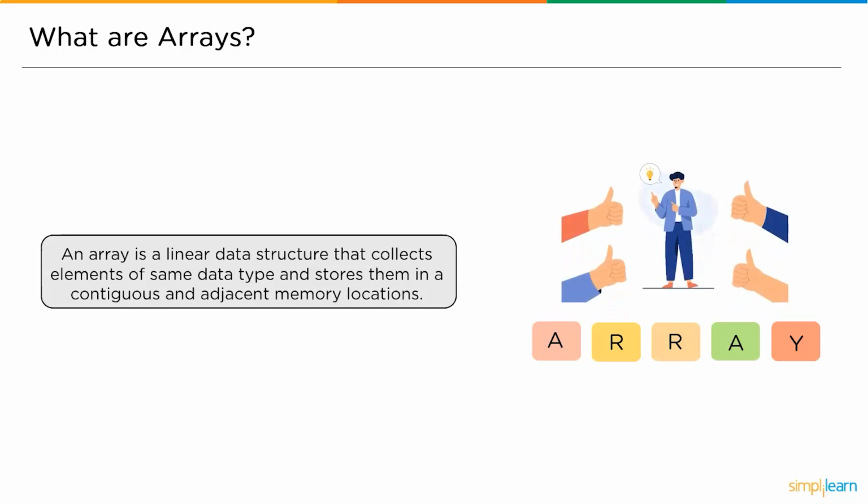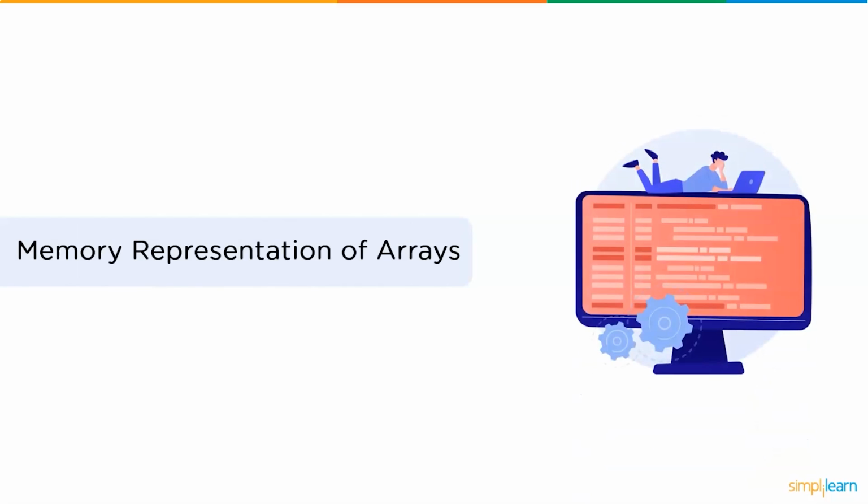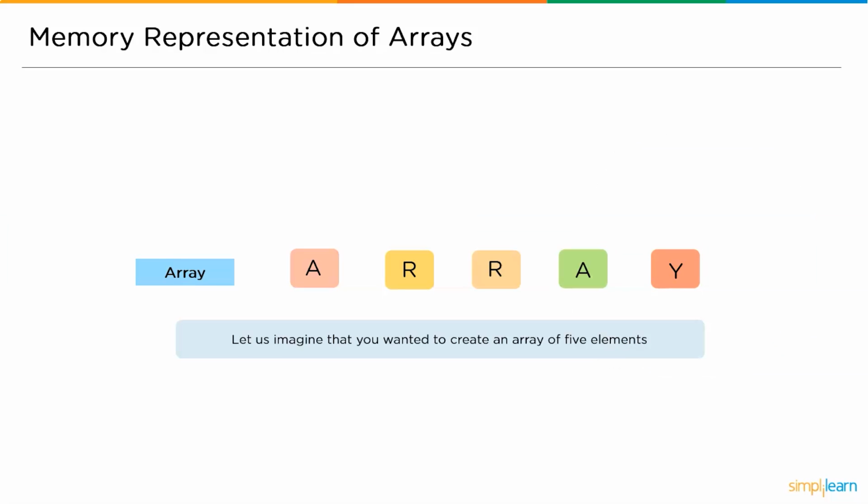So basically an array is a linear data structure that stores the elements in a sequential manner, one after the other. And when you declare an array, the variables will be stored one beside the other, that is adjacent to each other in a sequential order. Now let us understand how the array is represented by the compiler. Now the next part, that is the memory representation of arrays.